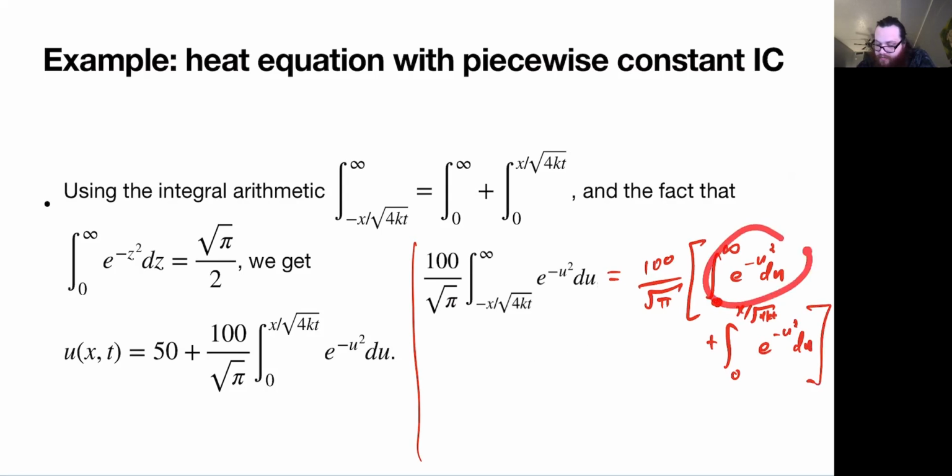This piece right here is root pi over 2, so root pi is going to cancel with that. We're going to get 100 over 2. That's where we get this 50 from. Otherwise, this other piece, there's not much we can do with it, and we're just going to leave it like that.